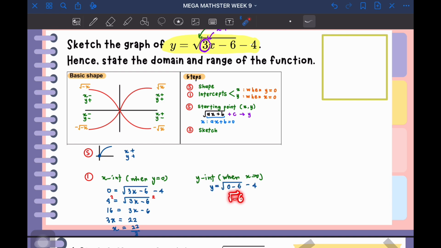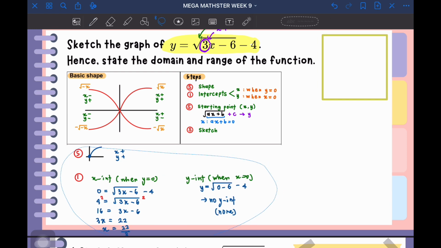So negative 6 means that you cannot calculate, it's undefined. So negative cannot be inside a square root. So it means that you will have no y-intercept. Right, so just write a note over here, no y-intercept. Or you can just write none, N-O-N-E. Okay, settle.